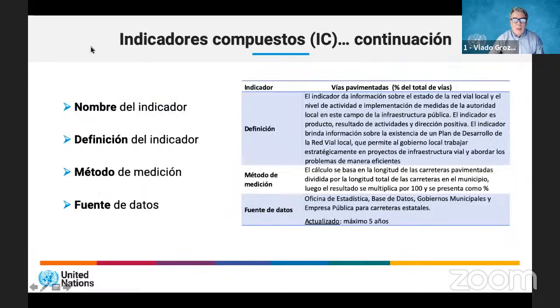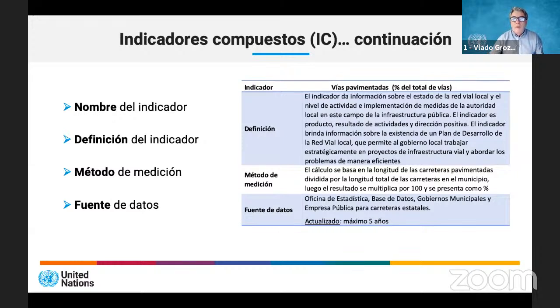I'm going to show you some composite indicator samples. When we are defining the indicators, we have to define the name of the indicator. For example, on this slide is shown paved roads in our municipality, which is a percentage of the total length or area of the roads.